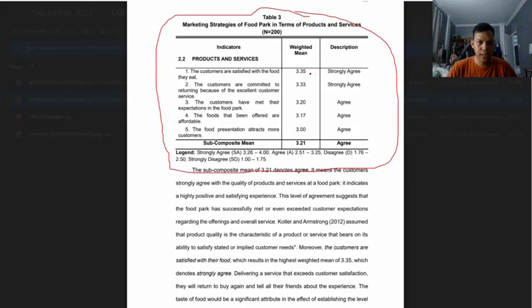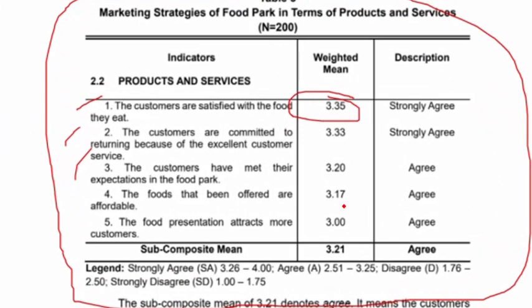Again, for the recap, we need to rearrange the items here. We will start with the highest, 3.35, and put the lowest at the bottom. We need to arrange it properly from highest to lowest. So we are done with part 2.